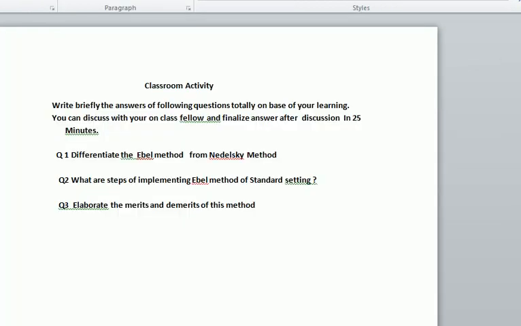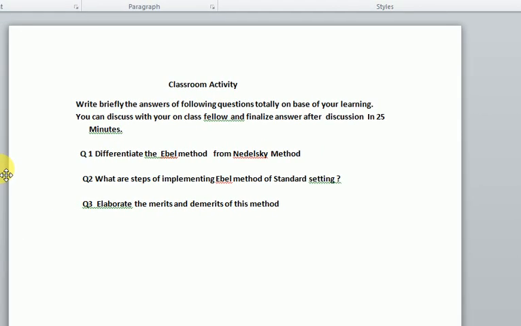Dear students, open your notebooks and briefly write the answers of the following questions, which should be totally based on your learning without opening your books. Anyhow, you can discuss with one class fellow and finalize the answer after discussing in 25 minutes.